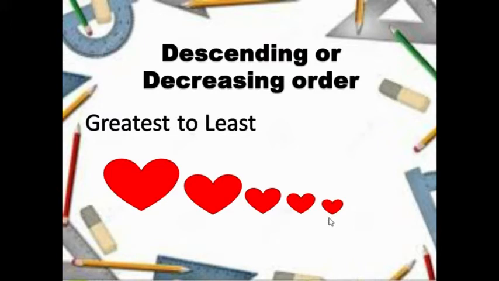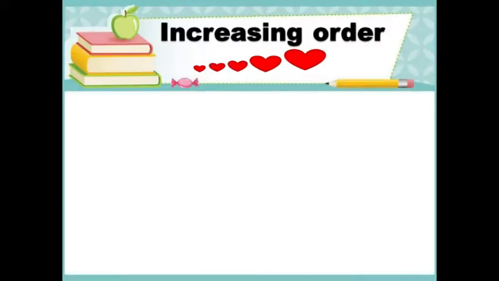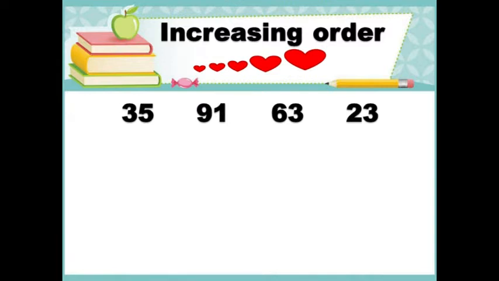So let's try to arrange numbers in increasing order. The first set of numbers we have here is 35, 91, 63, and 23. For us to arrange numbers, we can compare each number just like what we did last lesson. In comparing, we should start with the biggest place value.